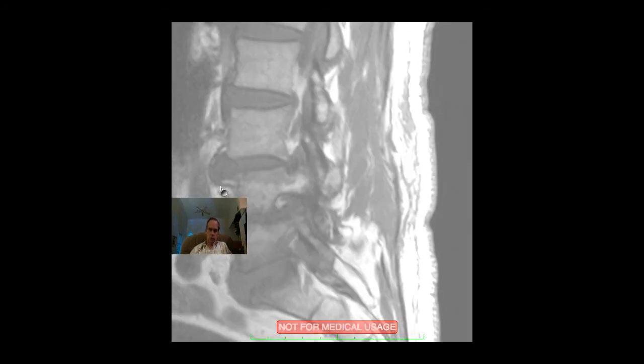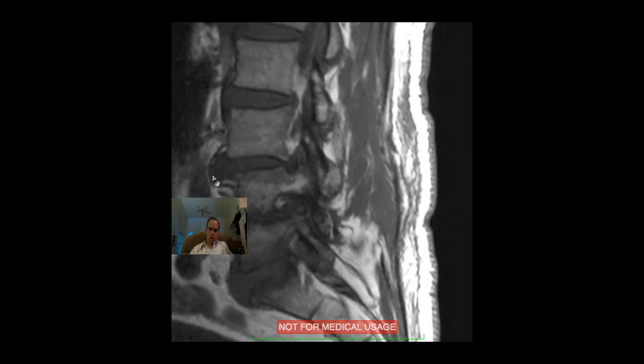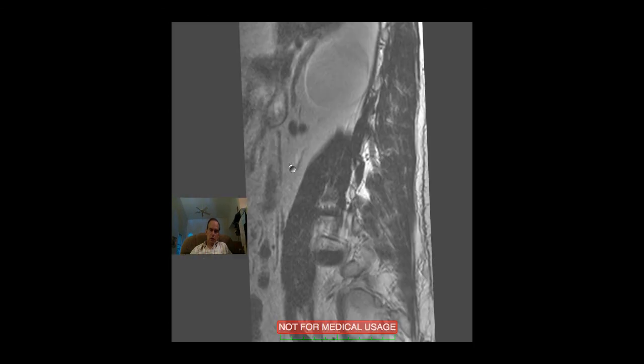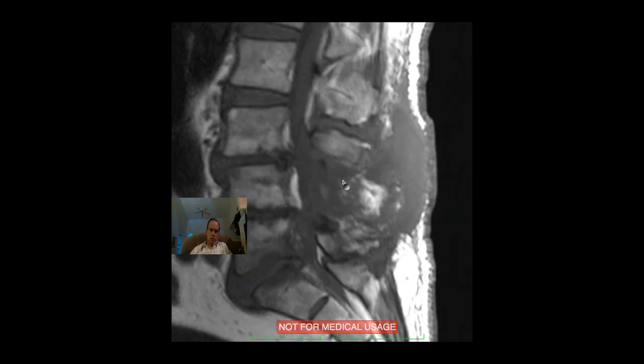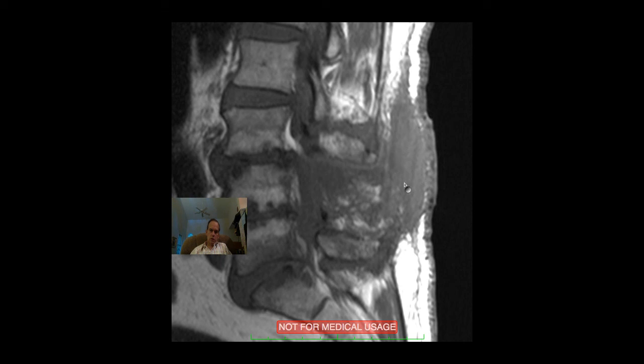Here you have a T1 weighted image that is not as graphic in its depiction of the abscess, but it's still here, low attenuation.